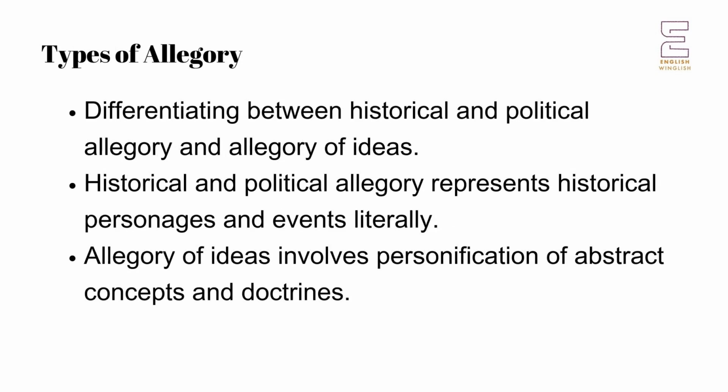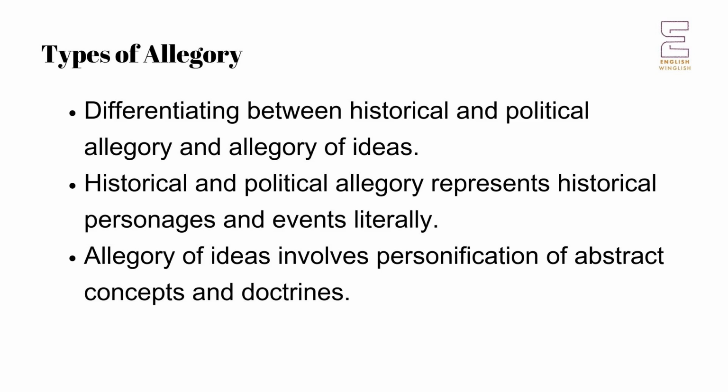Types of allegory. There are two main types of allegory: historical and political allegory, and allegory of ideas. In historical and political allegory, the characters and actions depicted in the story represent actual historical figures and events.